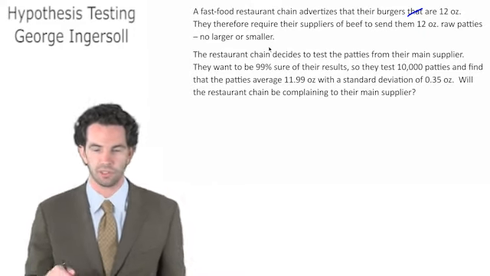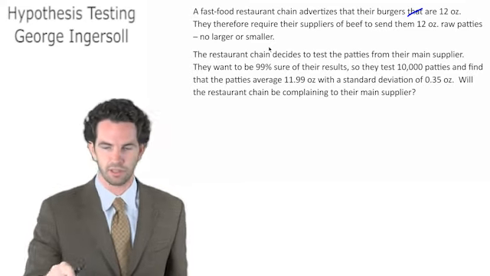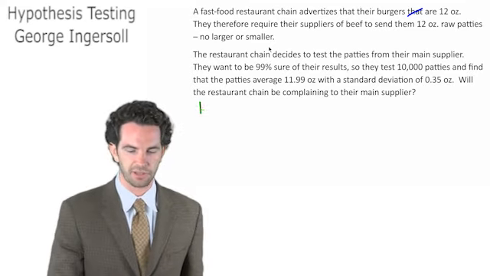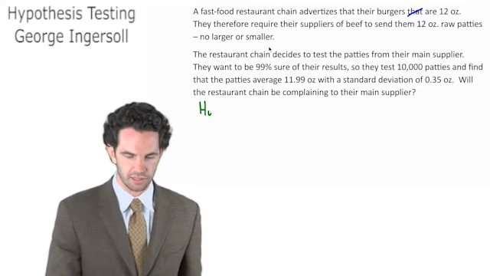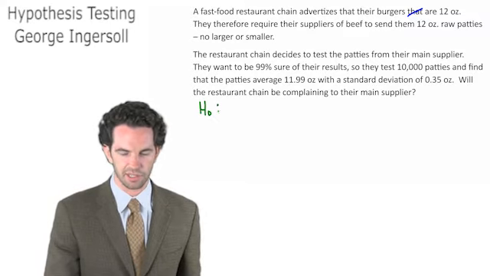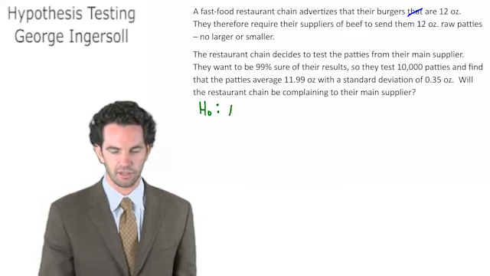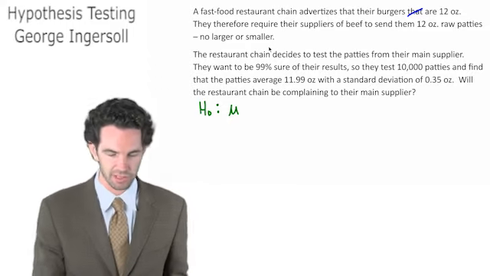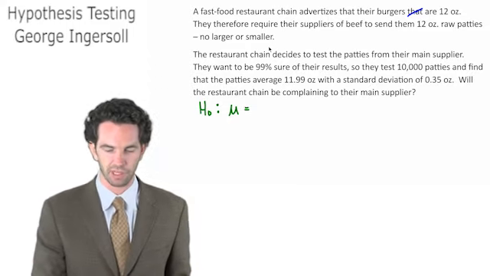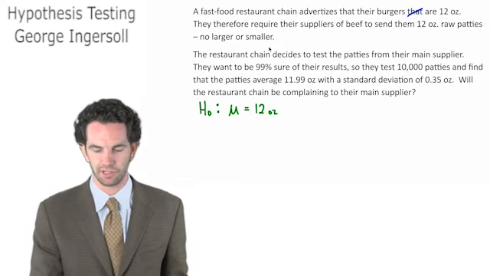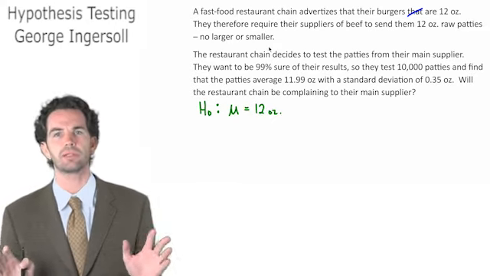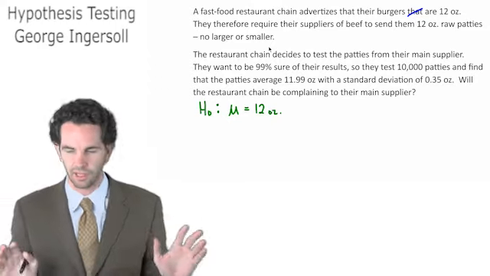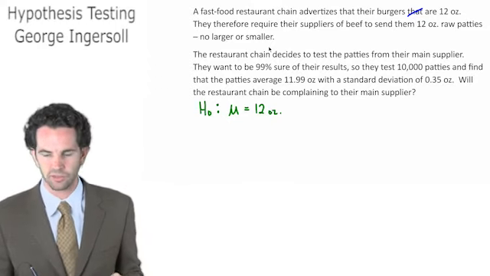Okay, so first thing we need to do is set up a null and alternate hypothesis. In this case, the null hypothesis is that the overall population of beef patties being supplied by the supplier have an average weight of 12 ounces, right? That's kind of the default. That's the assumed. We assume that the main supplier is doing right by us and that their patties are 12 ounces.